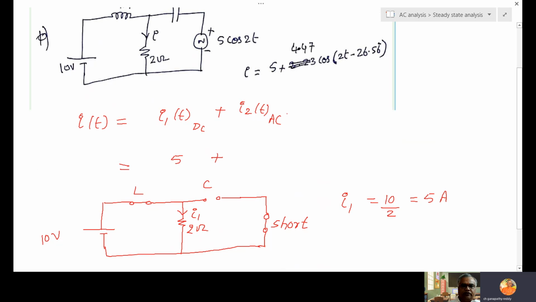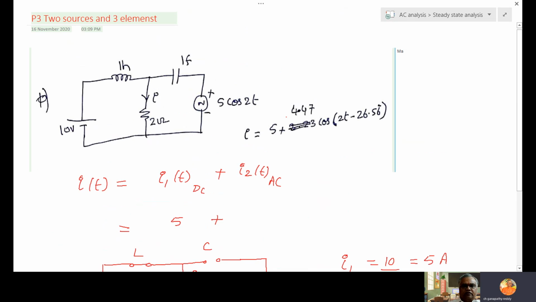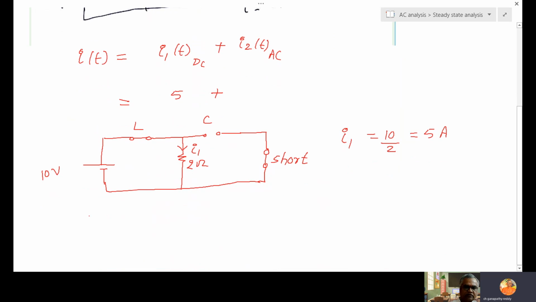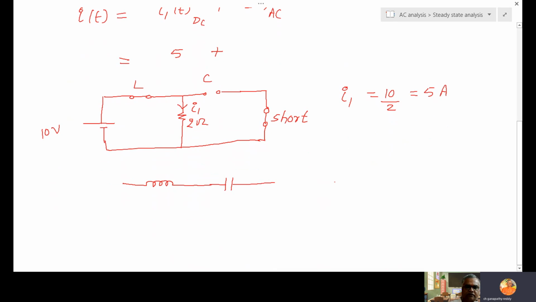Then with AC we have to find. So if it is AC, inductive reactance, capacitive reactance. Now second case, replace inductor with inductive reactance, capacitor with capacitive reactance. And removing this voltage source means short.